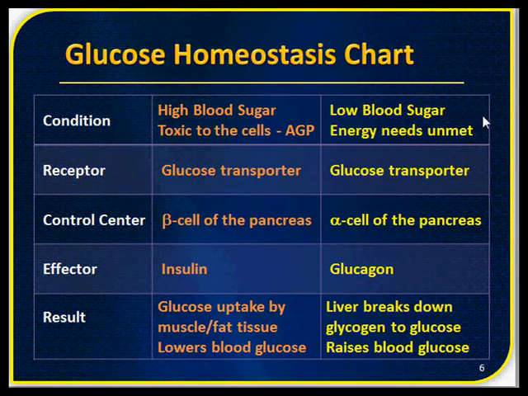Whereas when the blood glucose is very low, energy needs are not met, and immediately the body is informed. Glucose transporters know that there is little glucose there, alpha cells of the pancreas are stimulated, and glucagon, the counter-regulatory hormone to insulin, is the most important one released from the pancreas. It stimulates the breakdown of glycogen in the liver to glucose and raises the blood glucose.